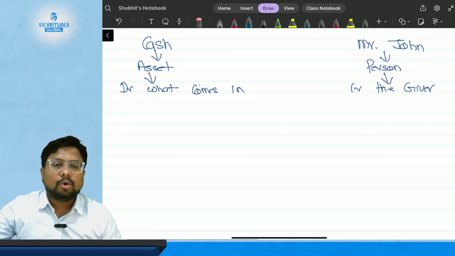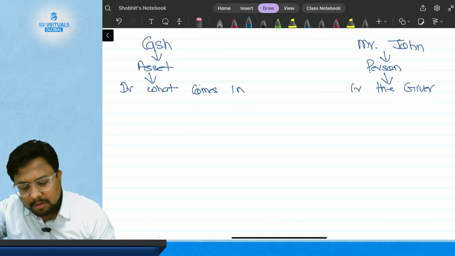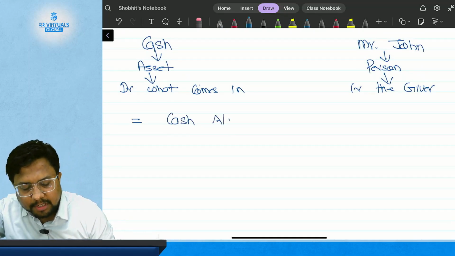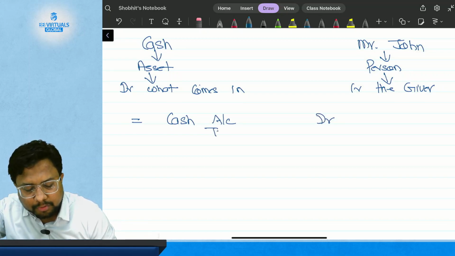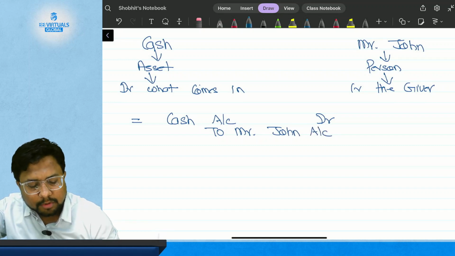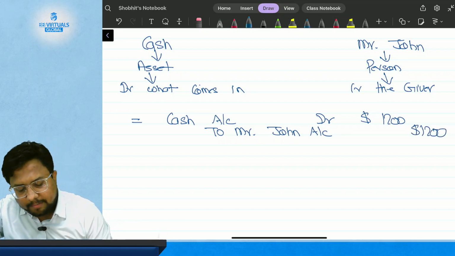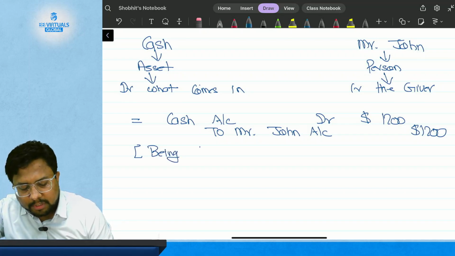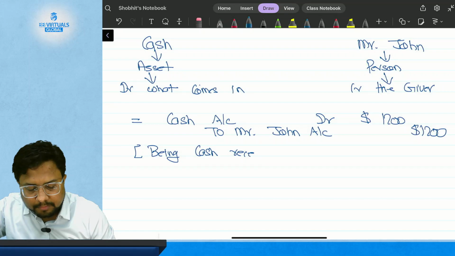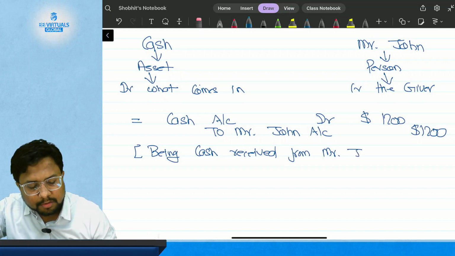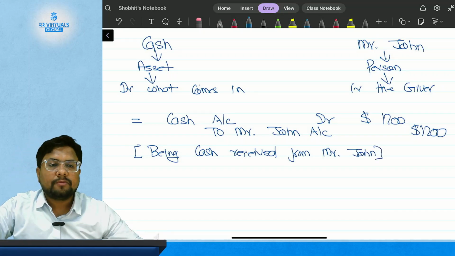So by applying the rules on the two elements, that is cash and Mr. John, my journal entry becomes: cash account debit to Mr. John account, $1200, and my narration will be, being cash received from Mr. John.